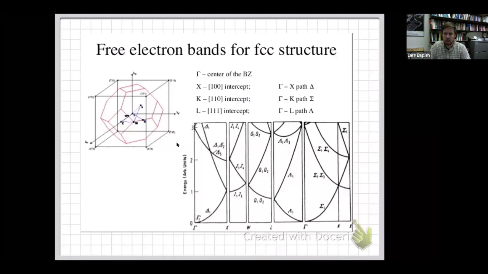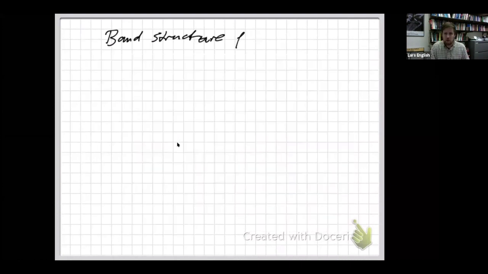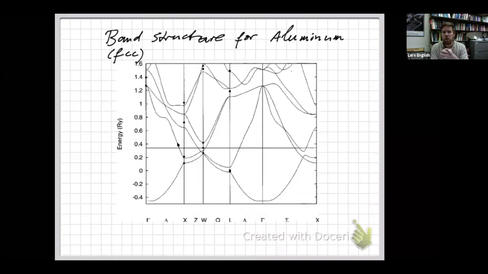So let's take a look at an actual crystal that has an FCC, face-centered cubic structure. And aluminum here comes to mind. Okay, so here is the band structure for aluminum. I want you to take a look at this, scan it visually, and then compare it to the free electron model.